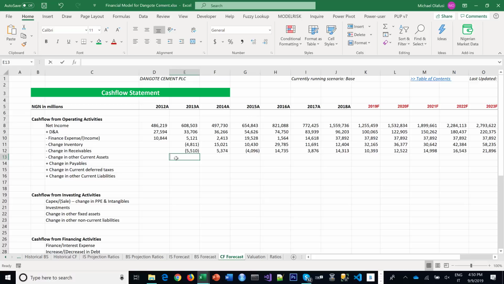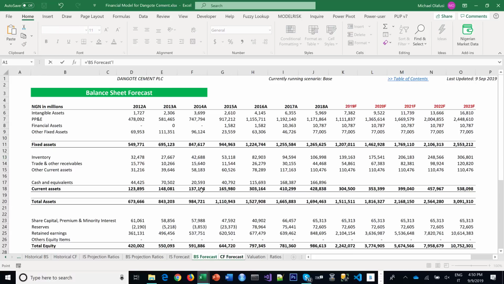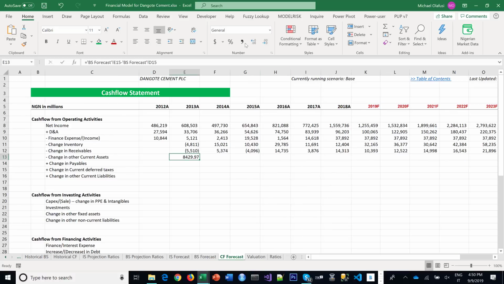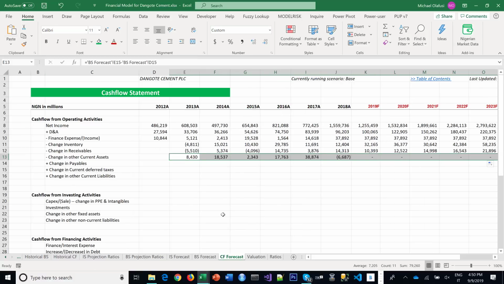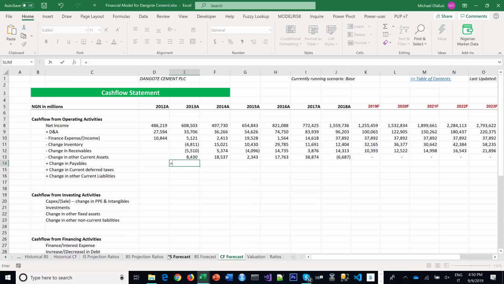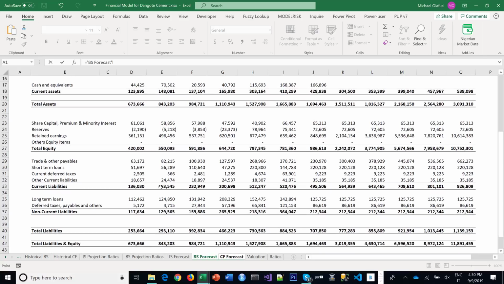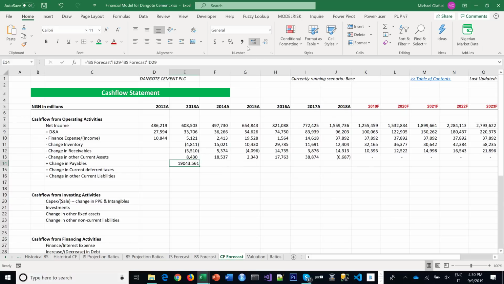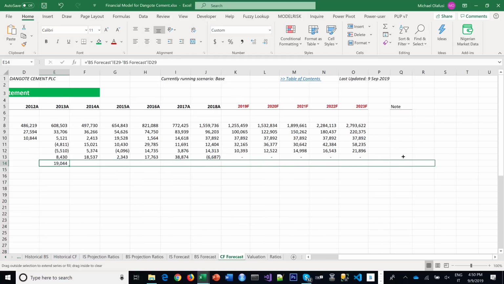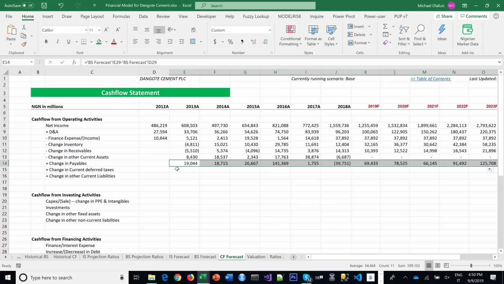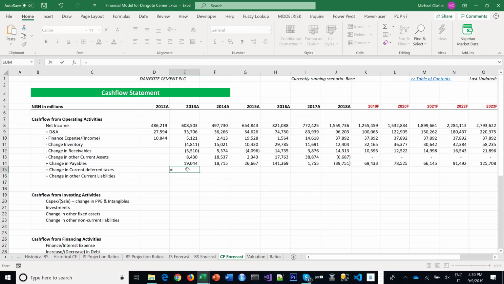Then for the other current assets, this year minus other current asset last year. Again, I make it comma separated, I drag into the future. Then payables, likewise, payable this year minus payable last year. I also make it comma separated, I drag into the future, and other current deferred taxes.